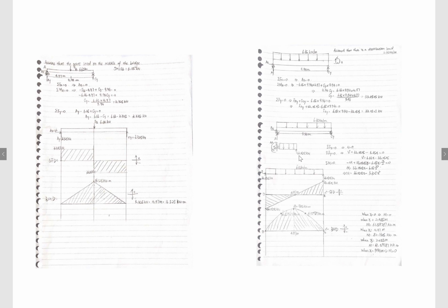For the sign convention, we get the moment like this one, and this is useful for the later calculation of the maximum deflection.